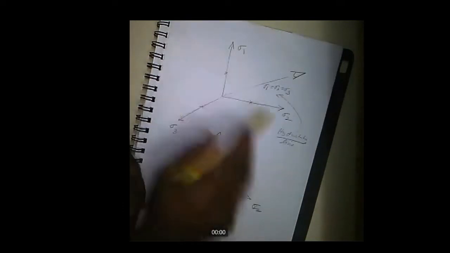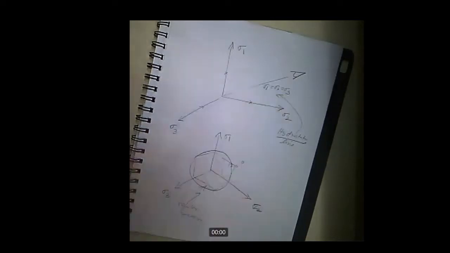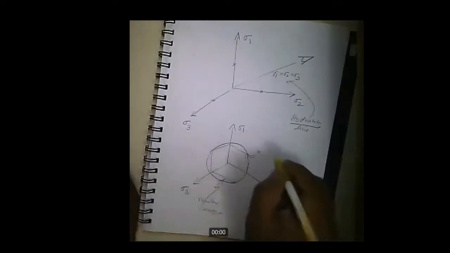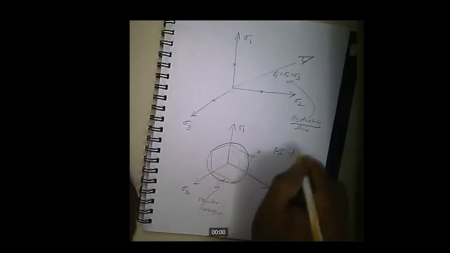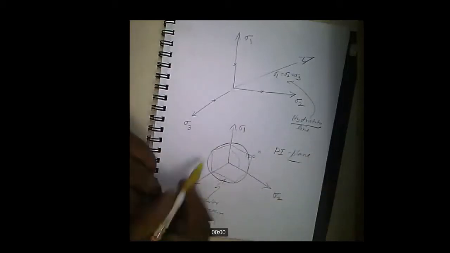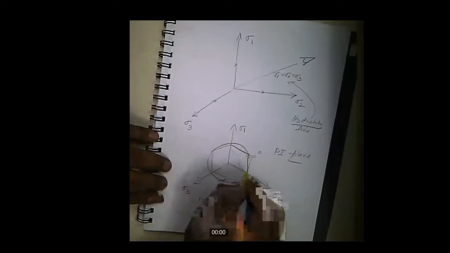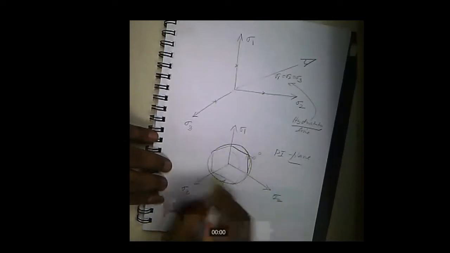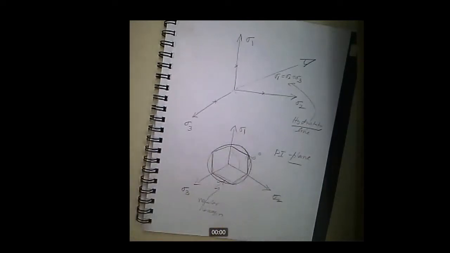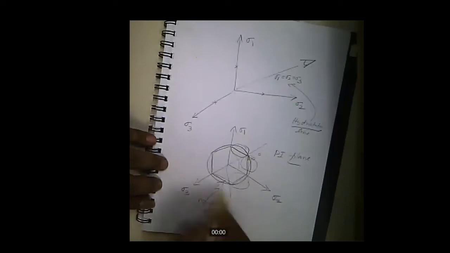The hydrostatic line is equally apart from sigma 1, sigma 2 and sigma 3, or in other words, sigma 1 equal to sigma 2 equal to sigma 3. We call this the pi plane. I'm not going to go into details, but I just wanted to show you what it is that you really get. You will see that this regular hexagon is inscribed in the circle. It also tells me if I know this region, I can just replicate it in all the other regions.